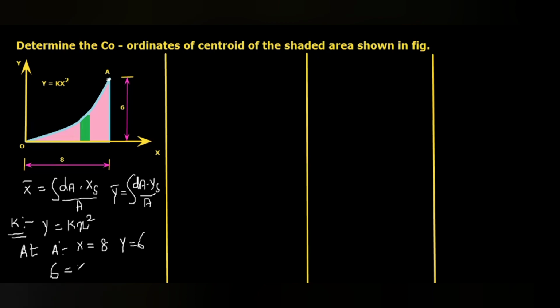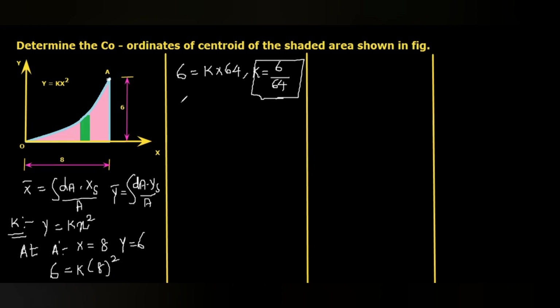So 6 equal k multiplied with 8 square. So 6 equal k multiplied with 64. Then k equals 6 divided by 64. So this is the value of the constant. So the equation y equal kx square, with k equal to 6 by 64, becomes y equal 6 by 64 multiplied with x square. So this is the equation now.